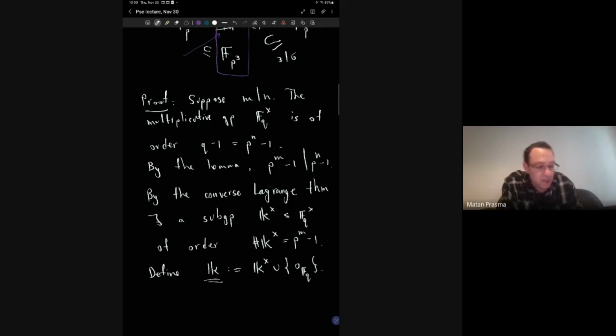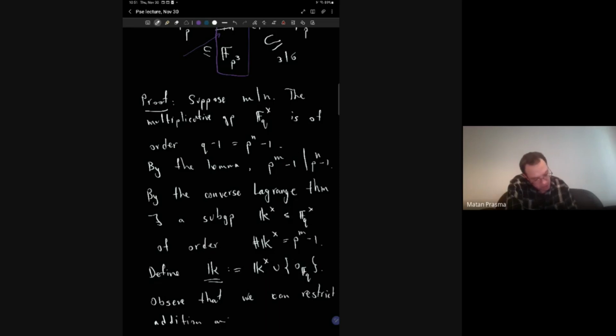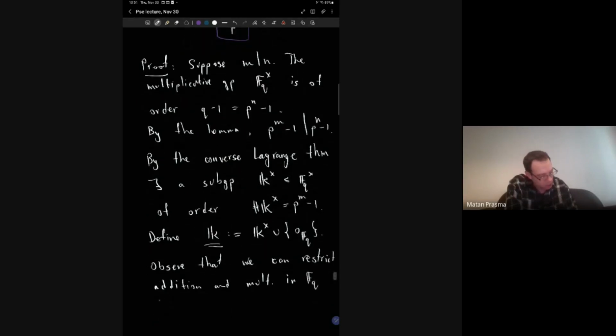So we can use the addition of FQ to add two elements in K. We will observe that we can restrict addition and multiplication in FQ to K.